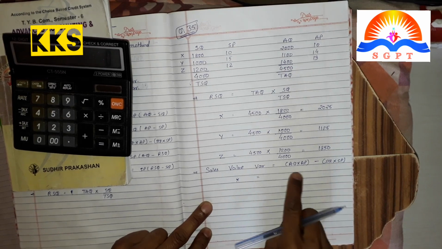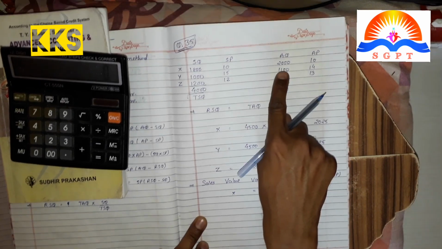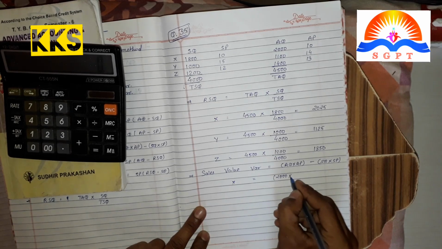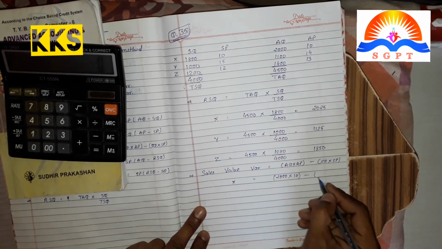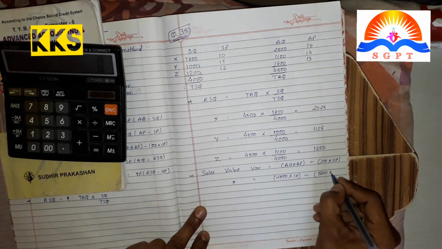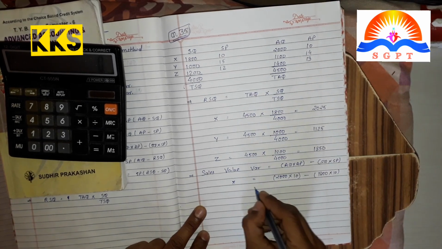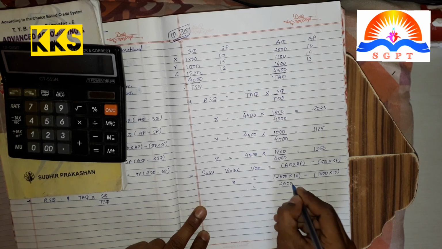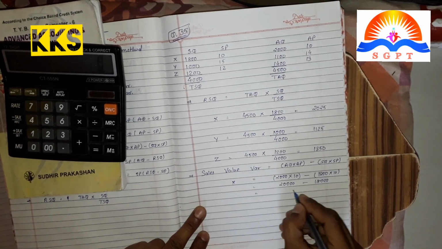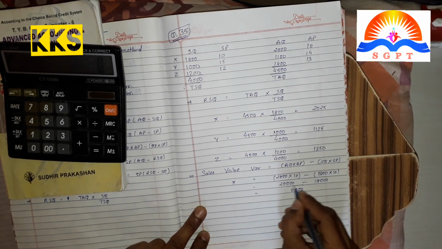For X, AQ into AP: 2000 into 10 minus 1800 into 10. 20,000 minus 18,000, you will get 2,000.